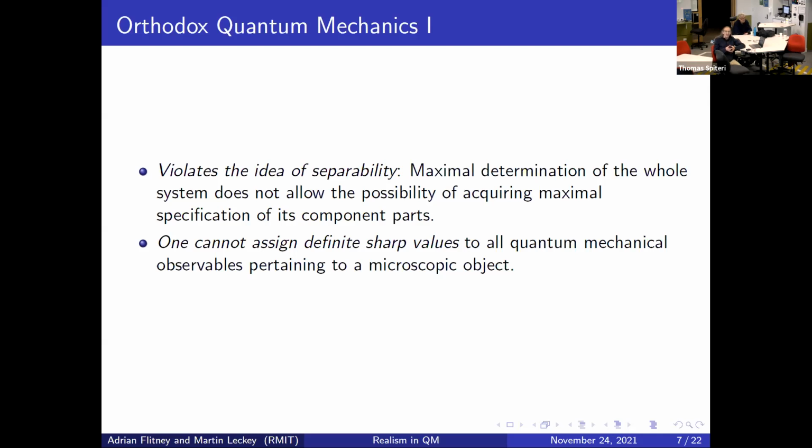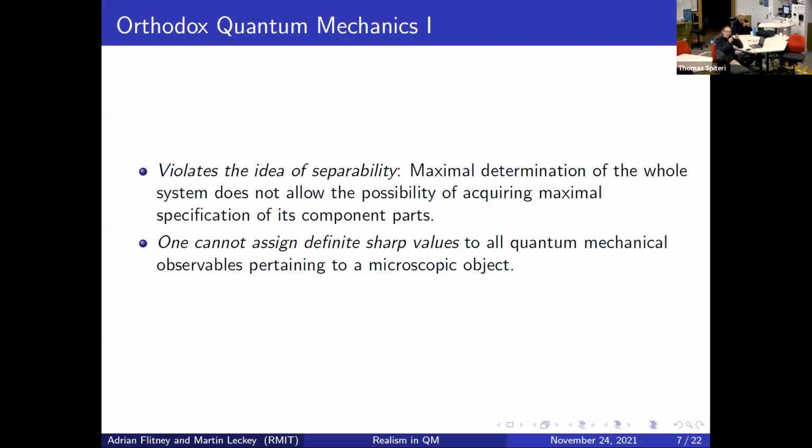Certainly nearly everyone working in the field of quantum mechanics will accept that. Firstly, quantum mechanics violates the idea of separability. This is what we get when we have an entangled system. For example, we could have a pair of electrons with opposite spins, and what we know about the pair is that their total spin is 0.